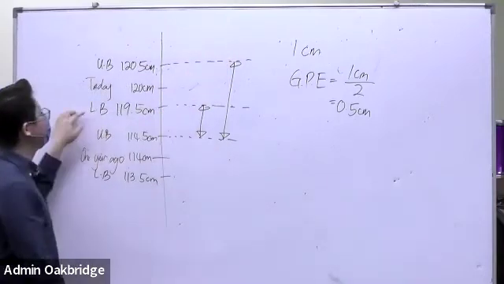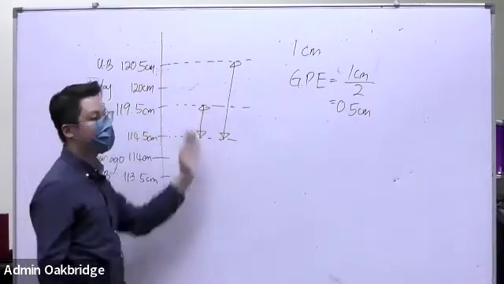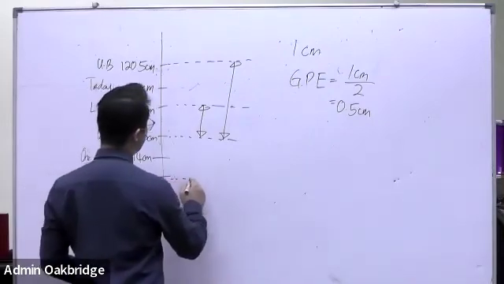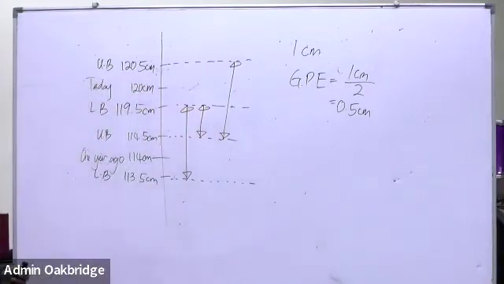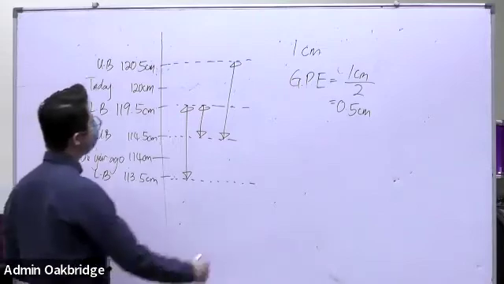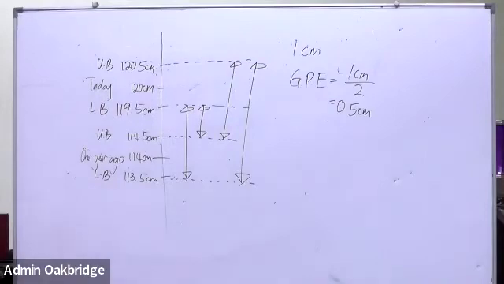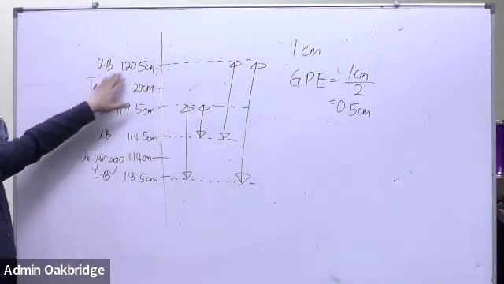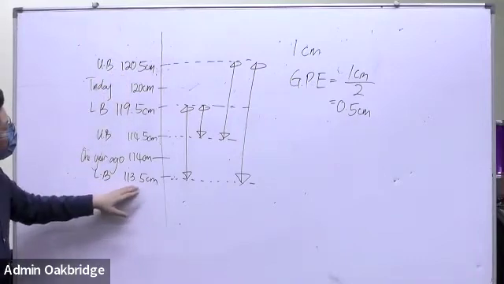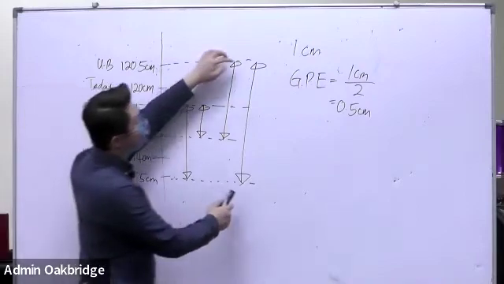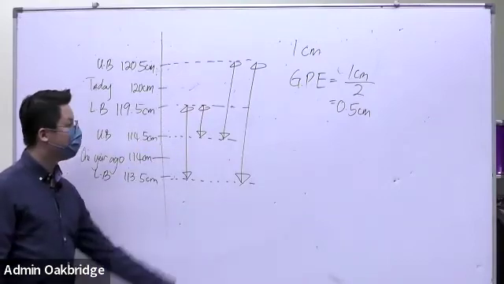If you take the lower bound of today's height minus the upper bound of the height 1 year ago, it is still not the largest. You also can take this one minus that one, but still not the largest. The largest one will be this one. You can take the upper bound of today's height minus the lower bound of the height 1 year ago. That is the maximum difference you can get. We have 4 combinations here, and this will be the largest one.